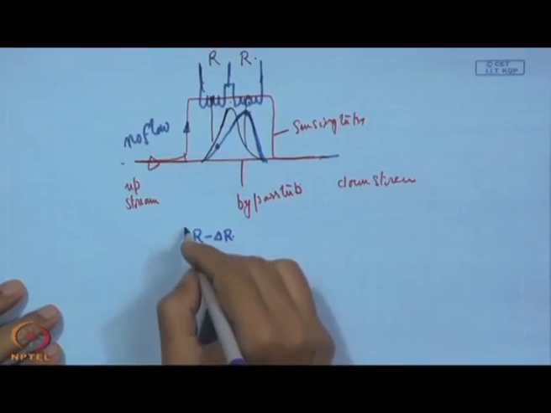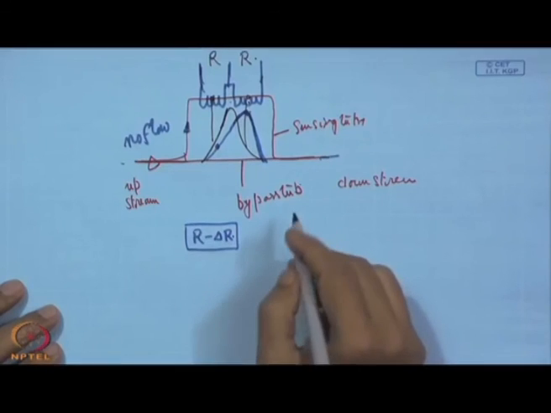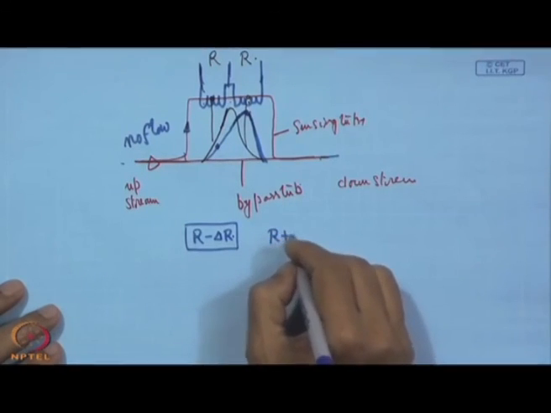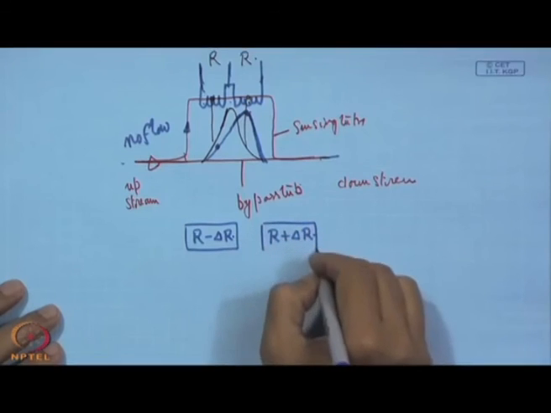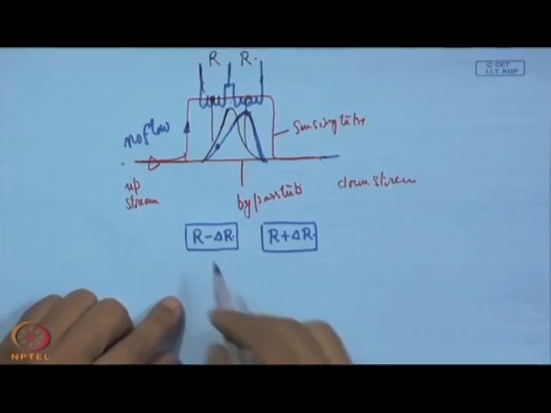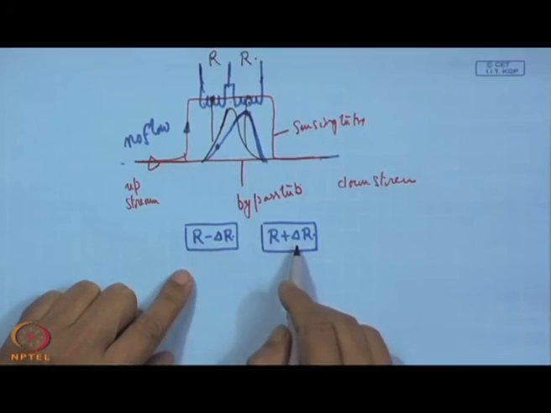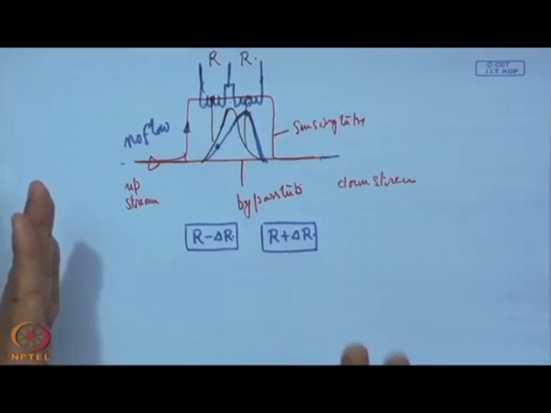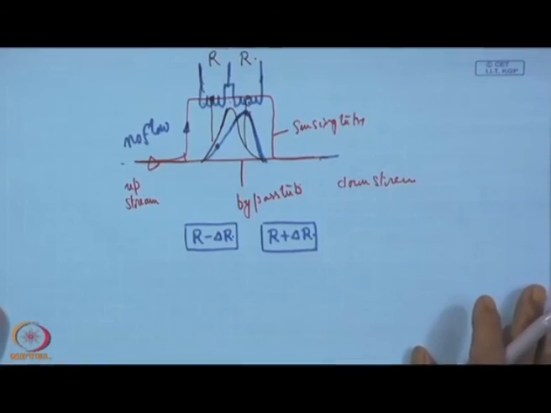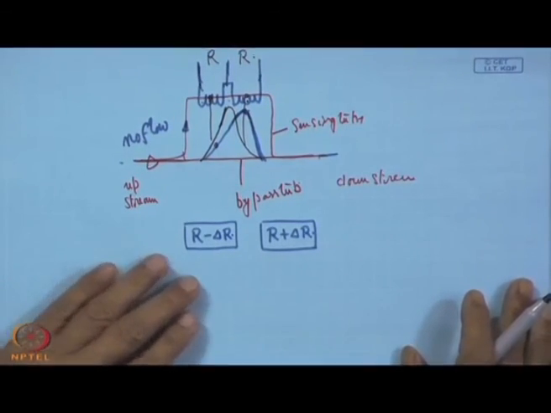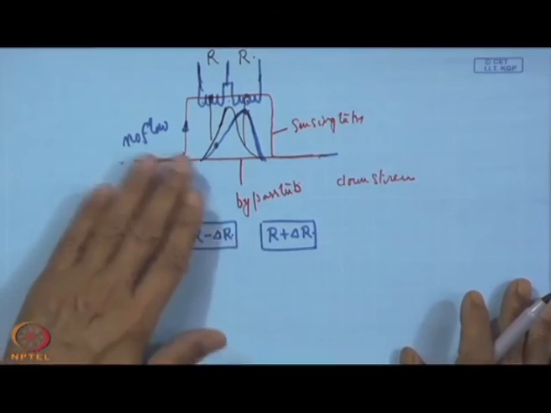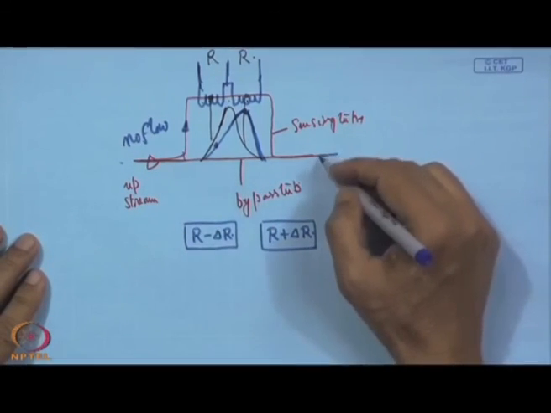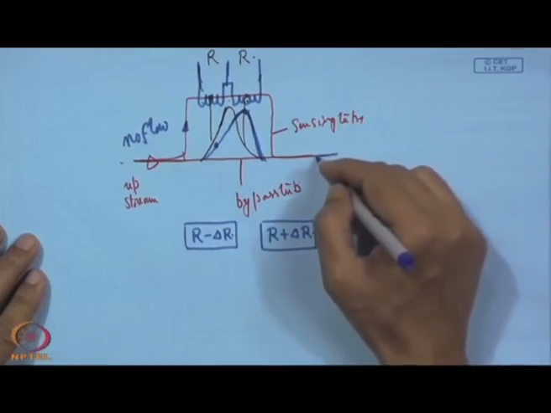So, this change of resistance will be less, that means minus delta R, and since heat is taken away and added on this side, the resistance will be increased by delta R. So, we have minus delta R and plus delta R. In the Wheatstone bridge arms there is a disbalance, and as a result there is a signal, and with this signal we can measure the flow.